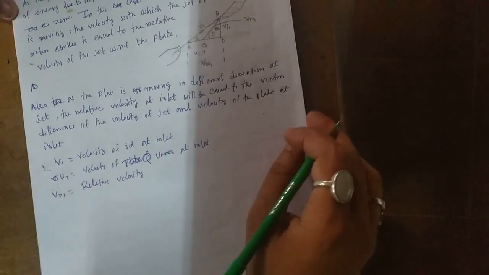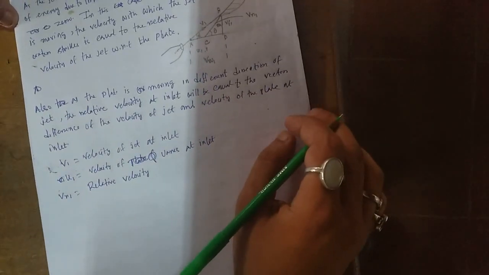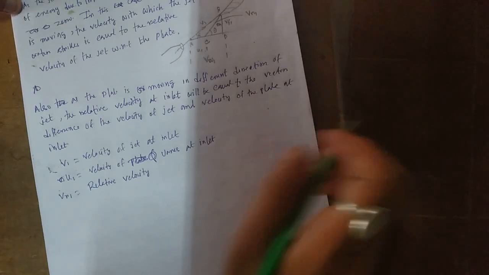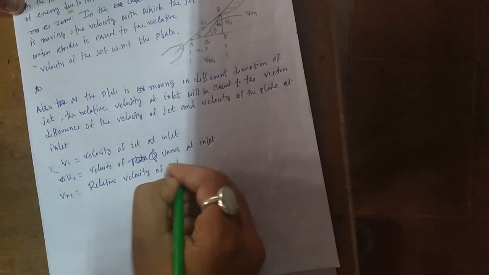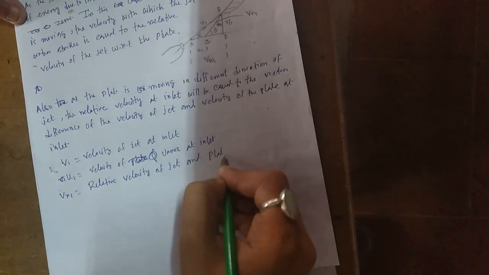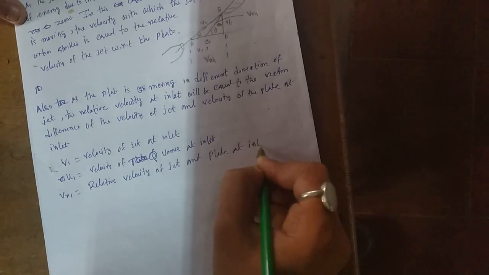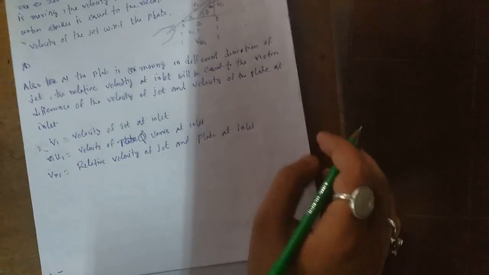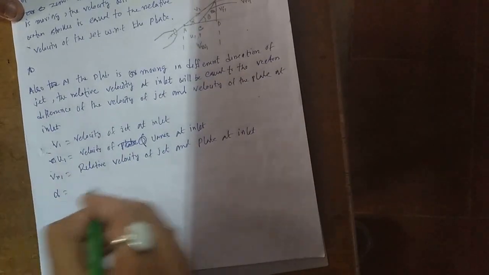So relative velocity of jet and plate at inlet. Okay, alpha. What is alpha?